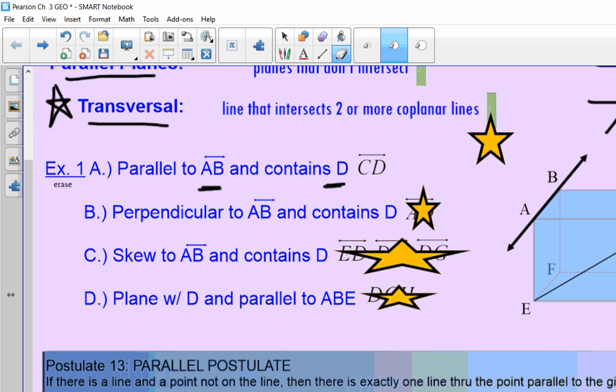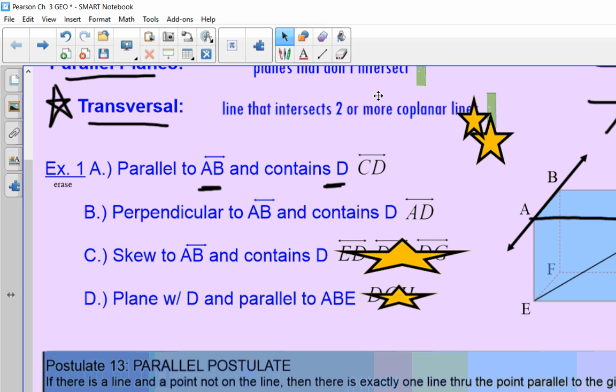So once again, we're going to look at AB, but we're going to look at a line that contains D that is perpendicular to AB. Even though it doesn't really look like a right angle, I know that all the angles in a rectangle should be right. So I believe AD would be the correct answer, or DA, however you want to put that.